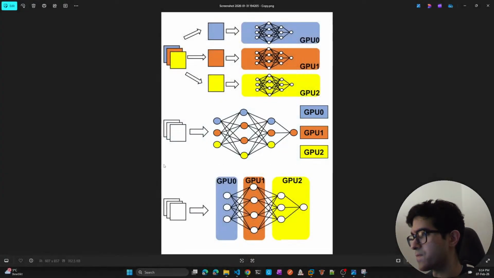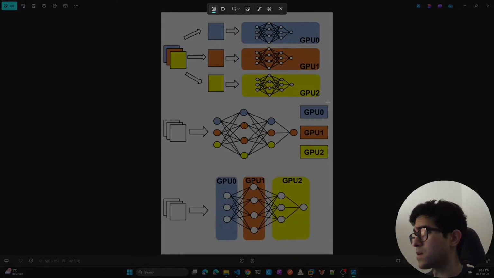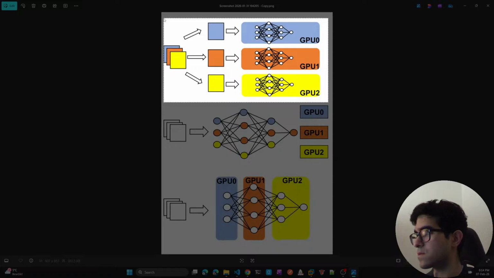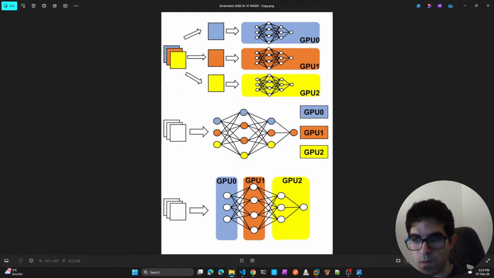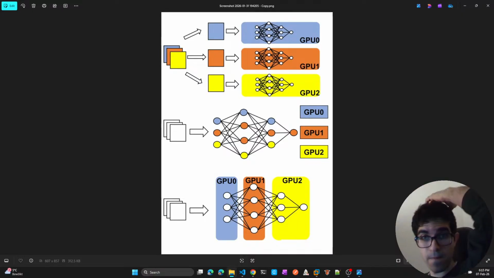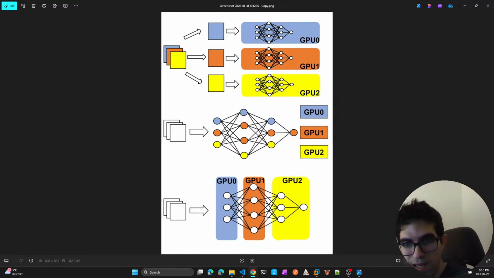This one would be data. The other one would be tensor.